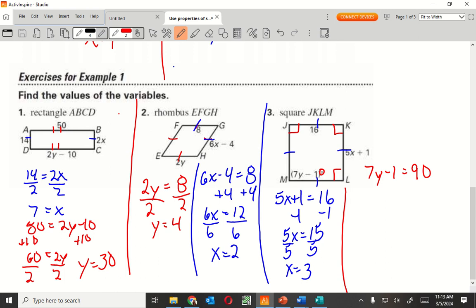And I'm trying to get the 7y by itself, so I'm going to add 1 to both sides. 7y is equal to 91, and I got to divide both sides by 7. So what's that going to be, like 13? Yeah, 13. Good. There we go. Hopefully that makes sense.